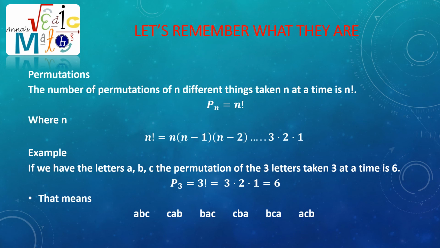For example, if we have the three letters A, B, C, the permutation of the three letters taken 3 at a time is 6. So 3 factorial is equal to 3 multiplied by 2 multiplied by 1, that means 6. So we have ABC, CAB, BAC, CBA, BCA, CBA.